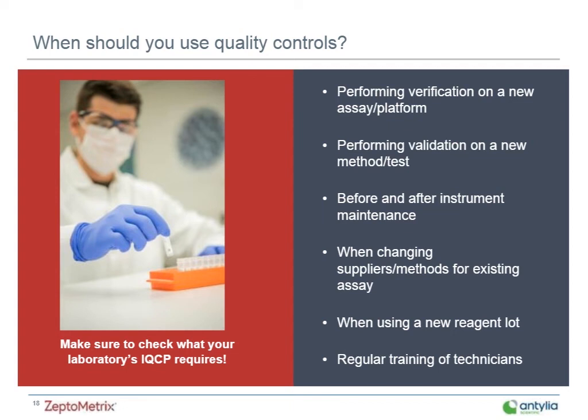Obviously, when you're changing suppliers or methods for reagents or supplies for an existing assay you already have in place. When you receive a new reagent lot in, you want to be able to assess the variation between different lots of reagents, and hopefully you can observe any shifts in data that might be caused by that. And lastly, regular training of technicians. Quality controls are super helpful in that vein.